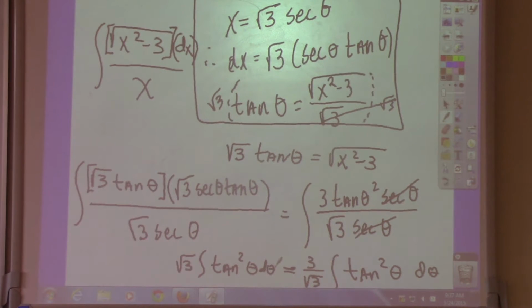Alright, now what can we do with that tangent squared theta? I'll change it into secant squared minus 1, right? That's what I would do.